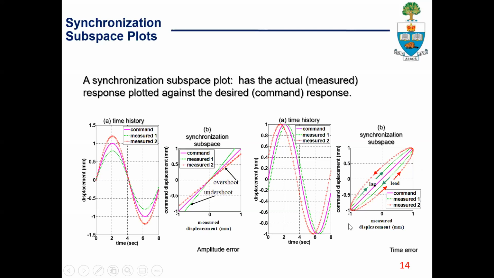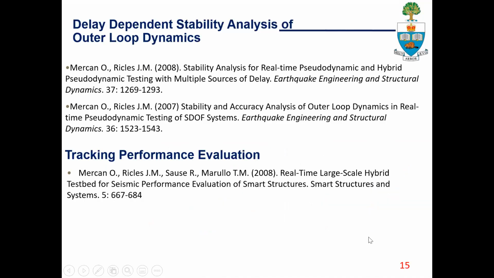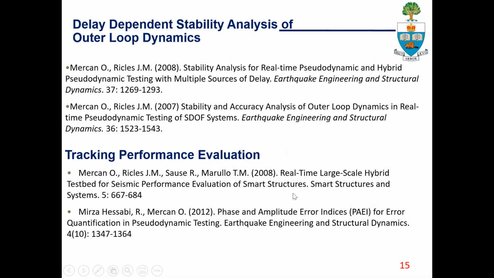So in the first set of tracking indicators, we use the inclination of the synchronization subspace plot and the area enclosed to come up with a measure for the error between the command and measured signals. But these were not able to completely uncouple the phase error and amplitude error. Then we improved it further.